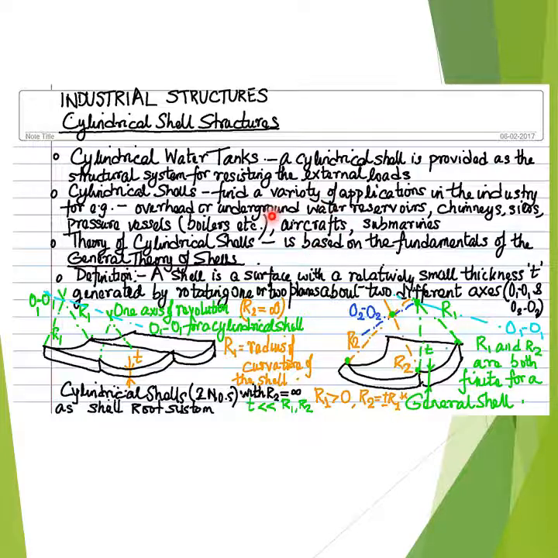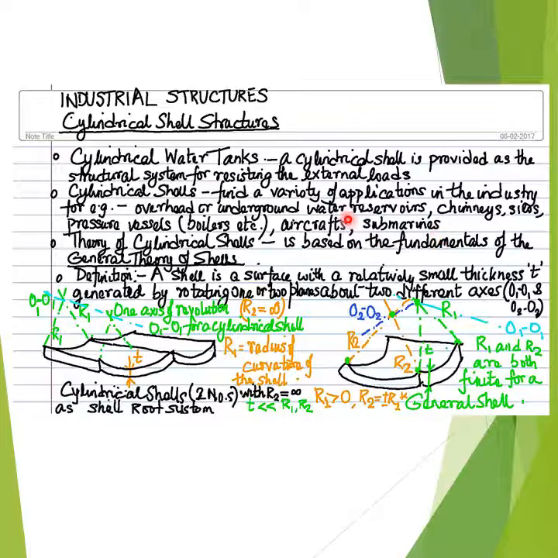the structural system of an aircraft is essentially a cylindrical shell for most of the part of the body of the aircraft or aeroplane, which is an example of the aeronautical or aviation industry.